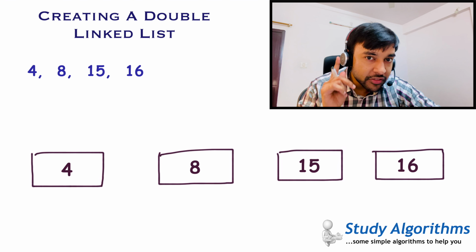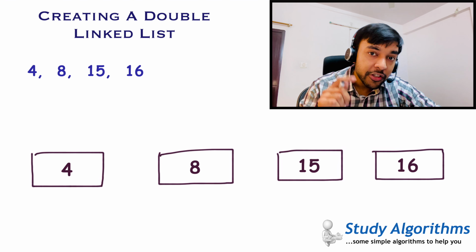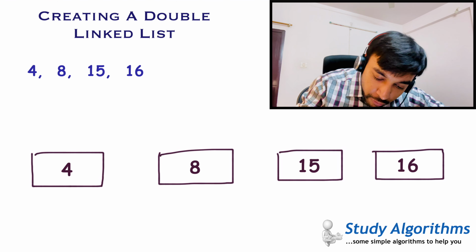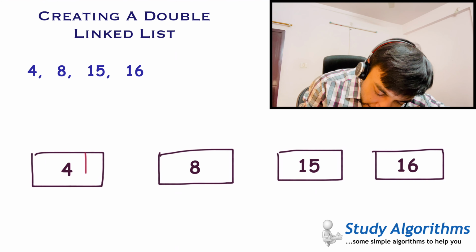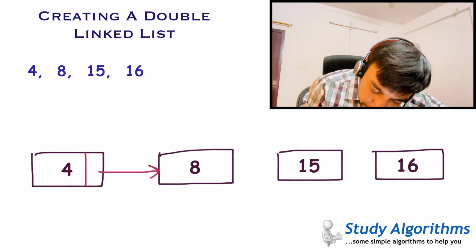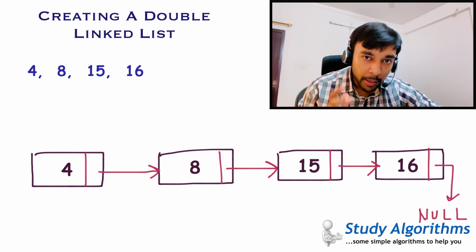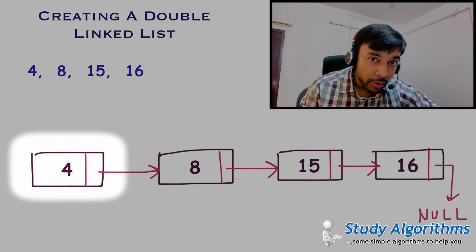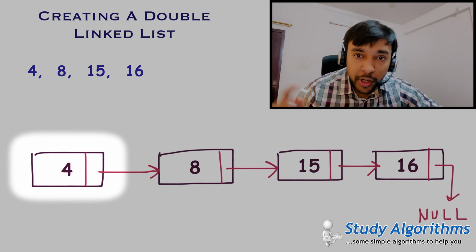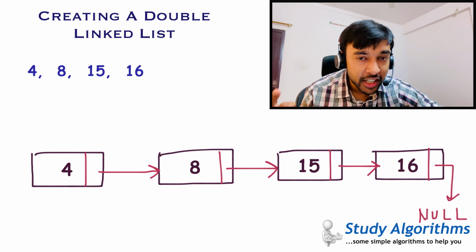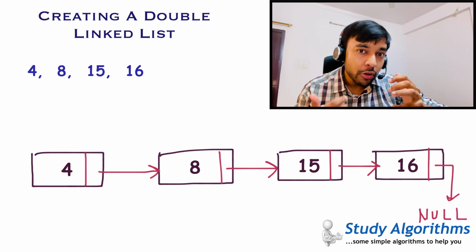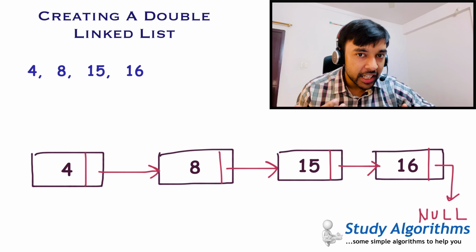Now, if this was a single linked list and your starting point was 4, what would you have done? You would have assigned the next values, right? Up till now, if you're given the pointer to the first node, that is 4, you can easily iterate in the forward direction, correct? But let us now try to take advantage of the double linked list.